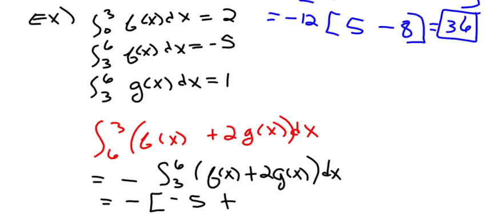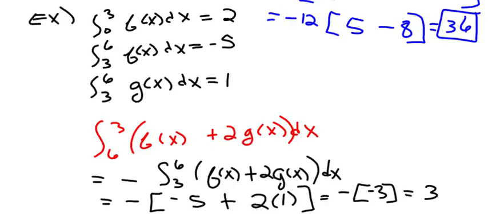Well, that 2 is going to multiply the area. I'm going to pull it out as a constant, so it should be 2 times the integral from 3 to 6 of g of x dx, I'm sorry. Let's simplify what's inside the brackets, not forgetting that we have a negative on the outside. My answer then should be an area of 3.